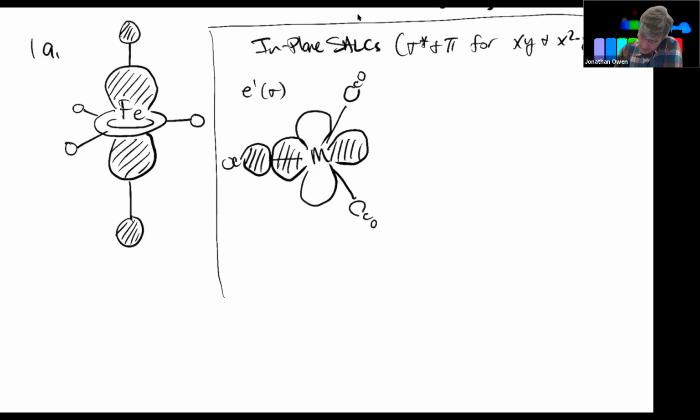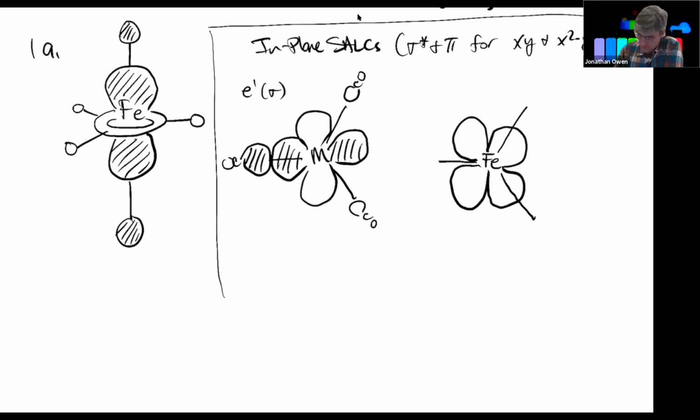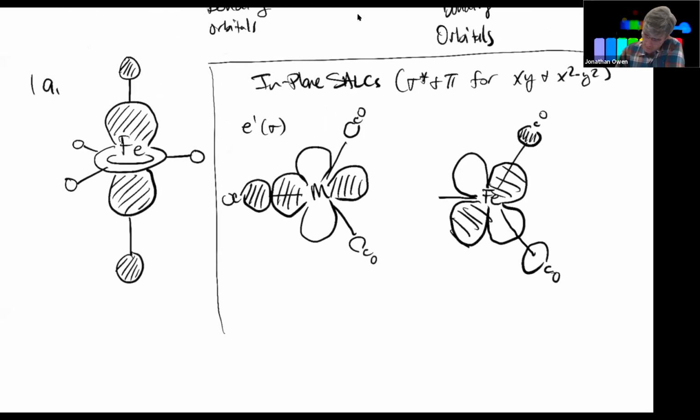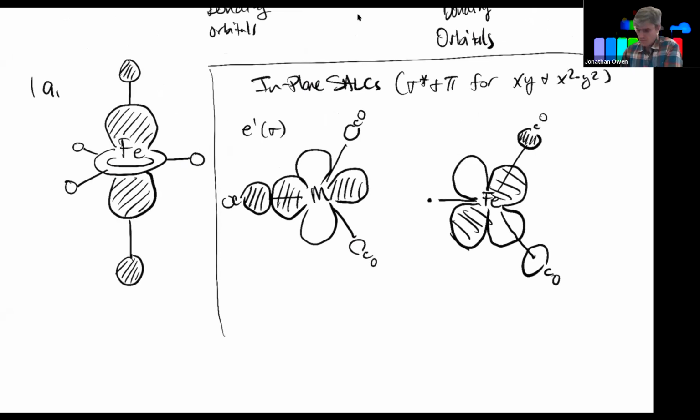There's also, I'm going to switch over to iron here. I should have done that before. There's also the other orientation, I guess it's the dx squared minus y squared.